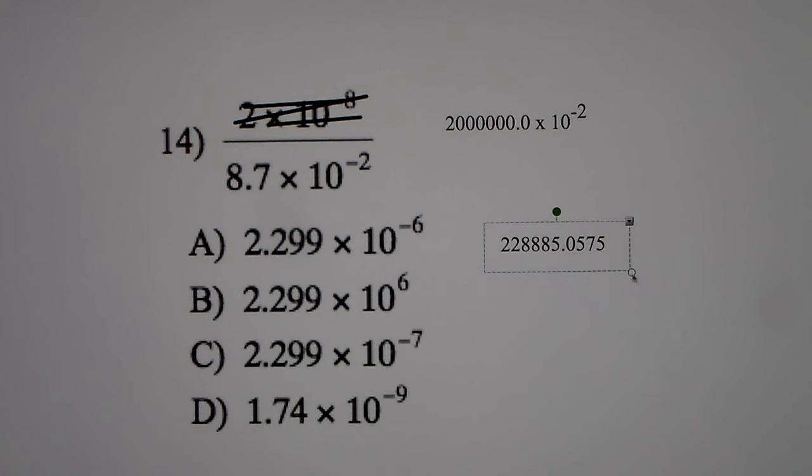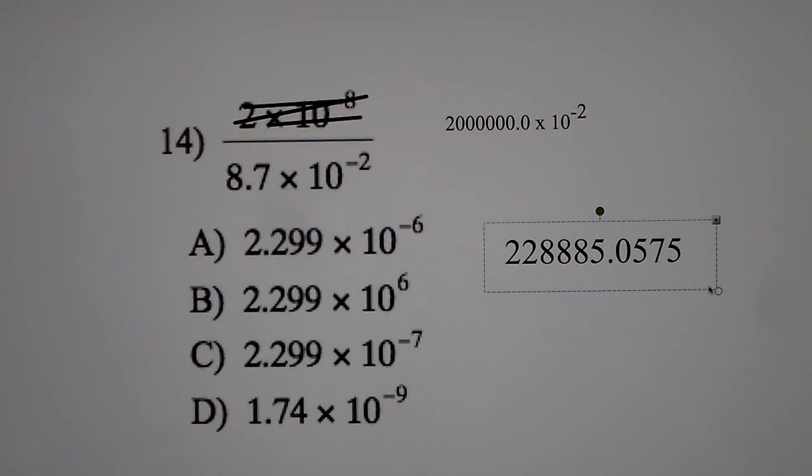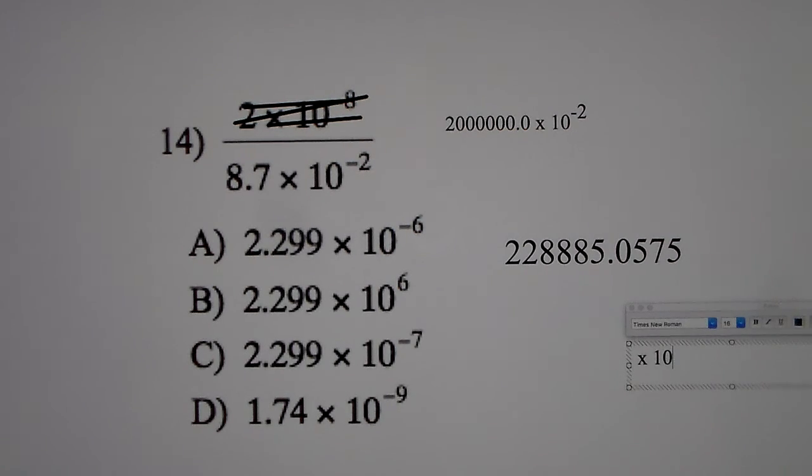And that's going to be our answer in decimal form, but we got to make it in scientific notation form, so we move it to the left 1, 2, 3, 4, 5 places. Since I moved it 5 places to the left, it's going to be times 10 to the negative 5. We get 2.29. Oh, I miscounted. I meant negative 6. So it'd be A.